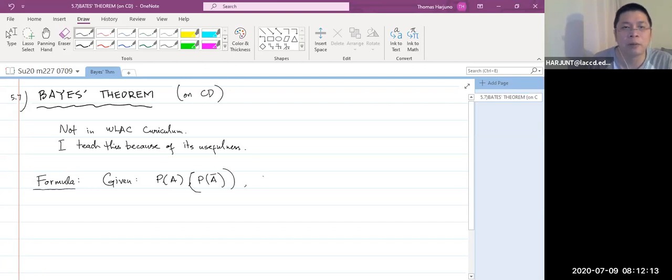Then the probability of B given A is given. The probability of B given not A is also provided. And then the question is, what is the probability of A given B?